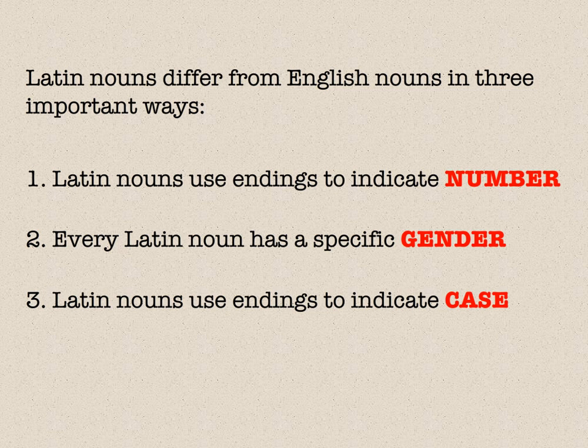We'll see later on again that there are 5 cases in Latin, and the different endings of the nouns will help you identify which case it is. Every Latin noun also has a specific gender, which we'll look at later on, and you need to learn these genders as you learn the Latin words, because it's going to be very helpful for getting through a sentence.